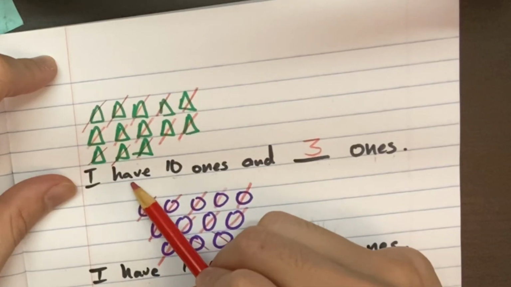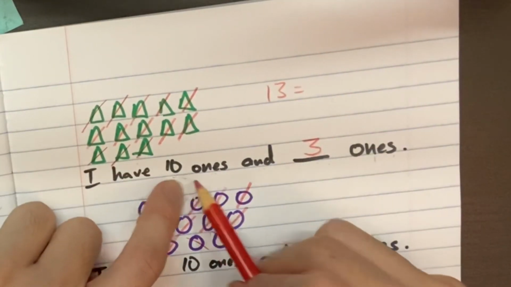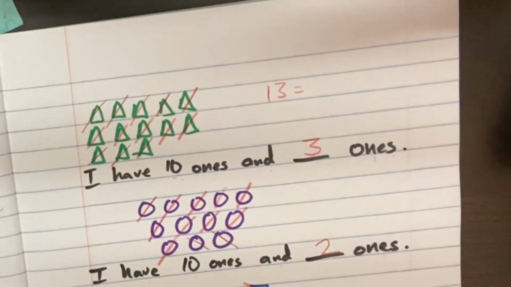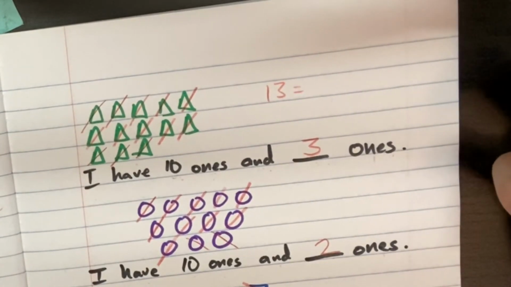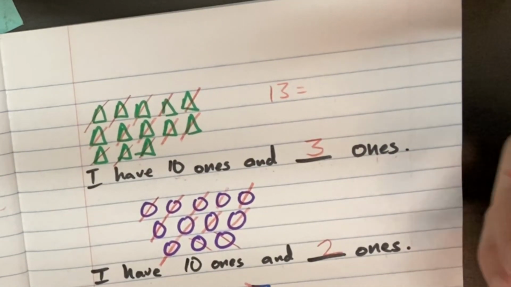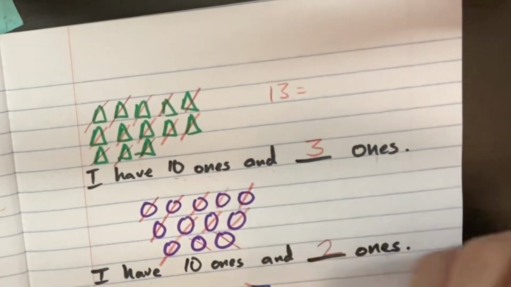Again, the number 13 is the same thing as 10 ones and 3 ones. Now, I want you to tell your mom, your dad, your brother, your sister, or whoever is taking care of you, what is another teen number that we could do the same thing with? What is another teen number that we could say is 10 ones and blank ones?